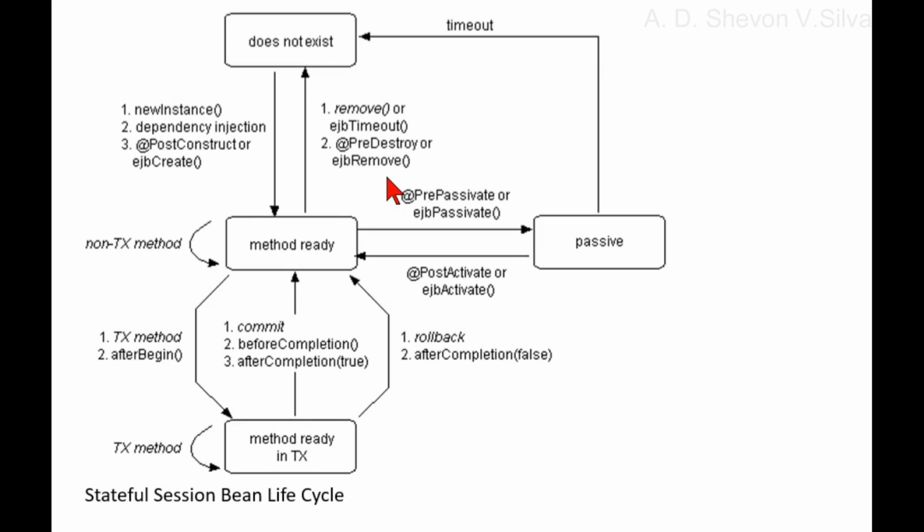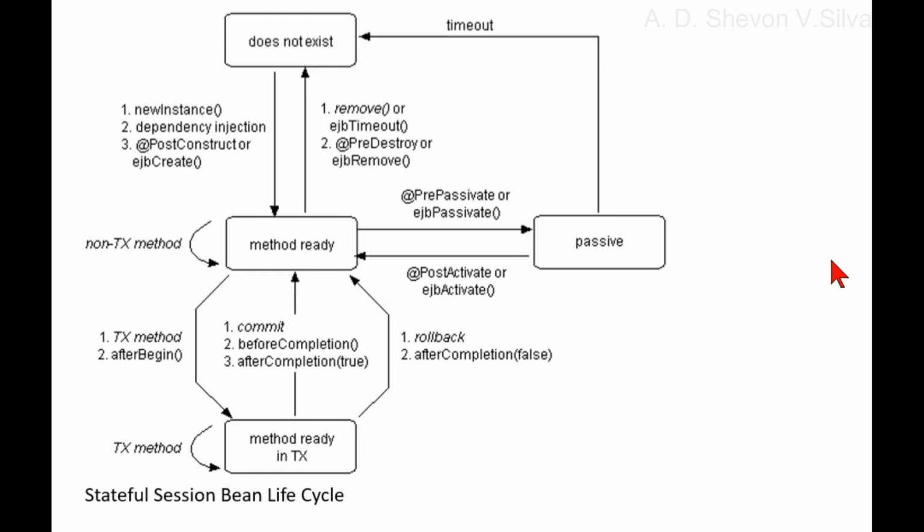This method performs any required cleanup, for example, closing external resources such as file handles. And set session context method. The container invokes this method after it first instantiates the bean. Use this method to obtain a reference to the context of the bean.